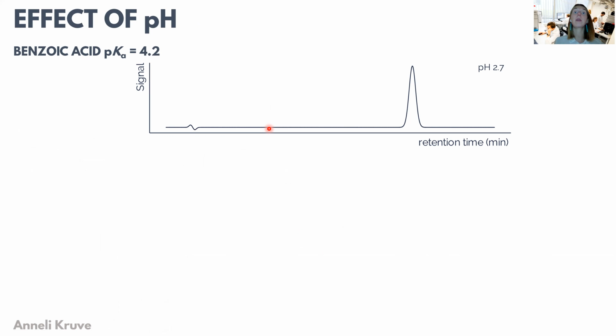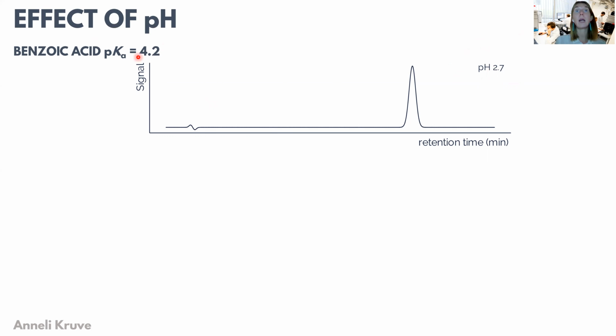So let's start with a case where we have a low pH mobile phase. We have buffered our mobile phase with something acidic. For example, a common thing to do in HPLC mass spectrometry is to add formic acid to the water phase, for example 0.1% formic acid, and we could have with this a pH of 2.7.